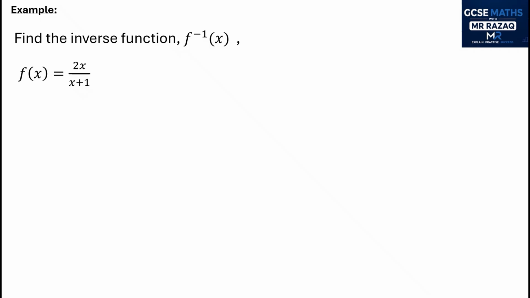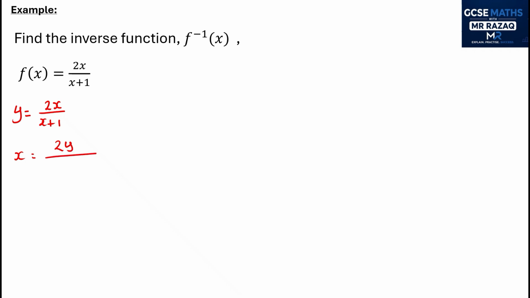Let's look at another example. So you can see the function f of x is equal to 2x over x plus 1. We use the same approach, so instead of writing f of x, I'm going to write down y is equal to 2x over x plus 1. And then I'm going to substitute the x and y. So instead of writing y, I'll write down x. Instead of writing x, I'll write down y.